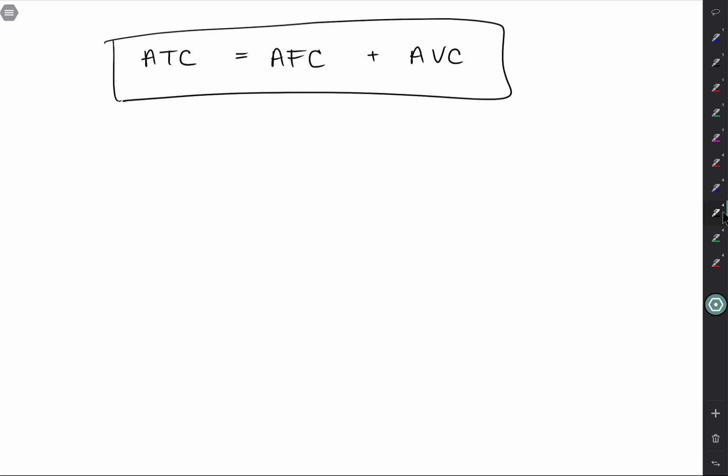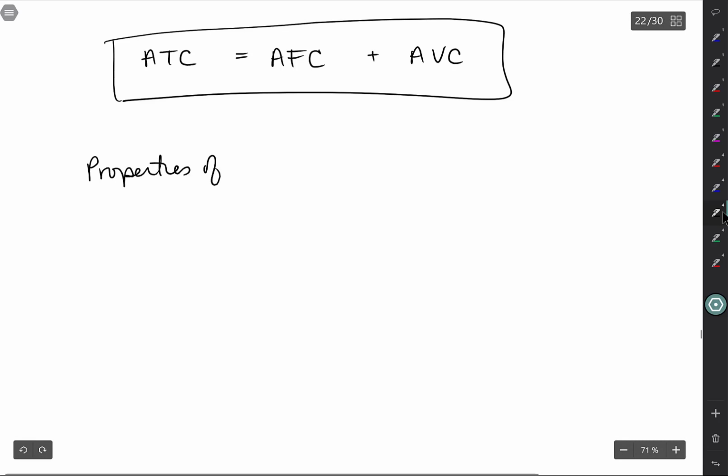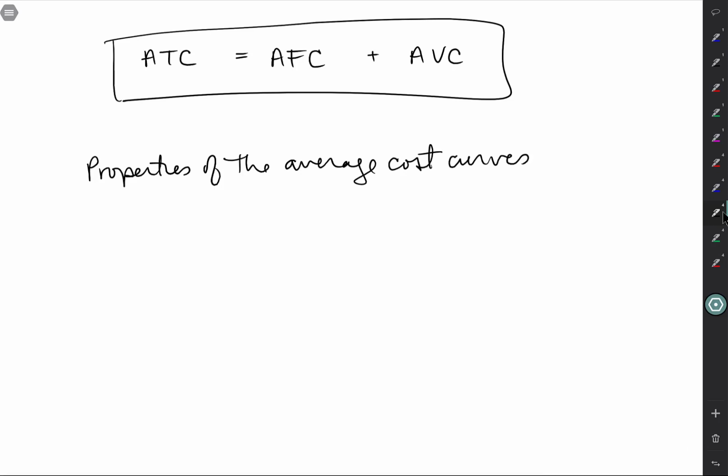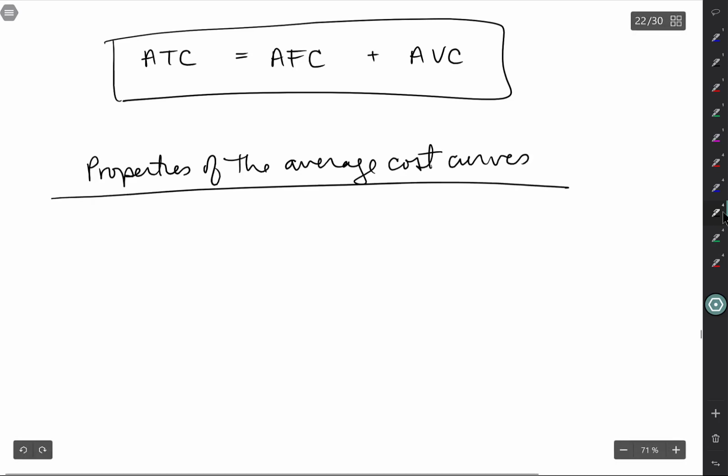And so let me list them. So it's going to be properties of the average cost curves. In other words, ATC, AFC, and AVC. And there's 5 of them. 1, in no particular order, but I happen to like to go in this order.